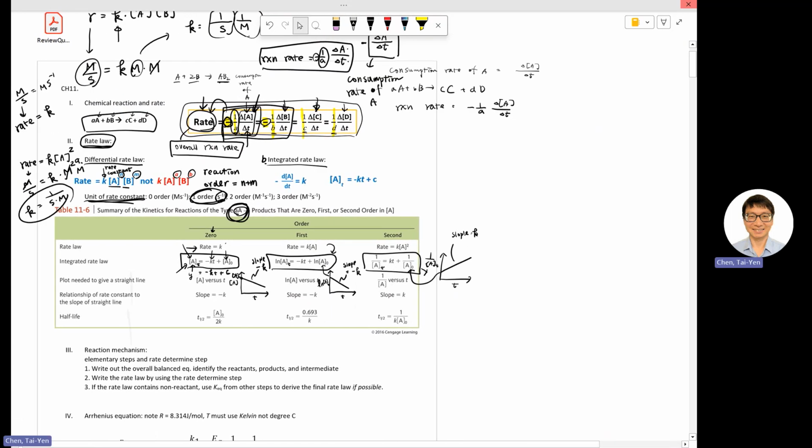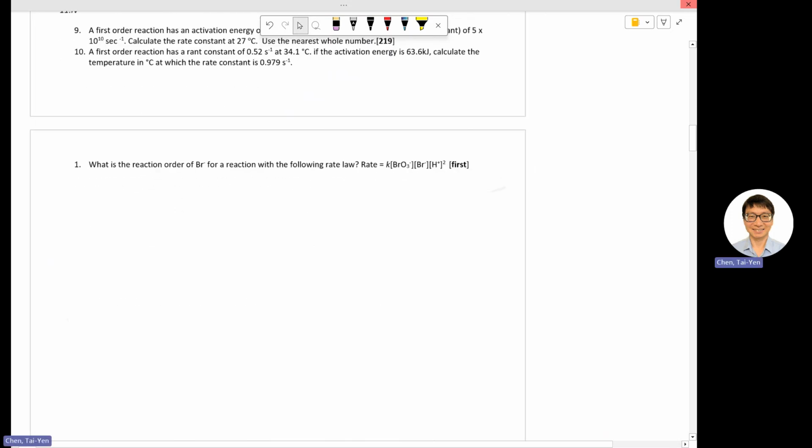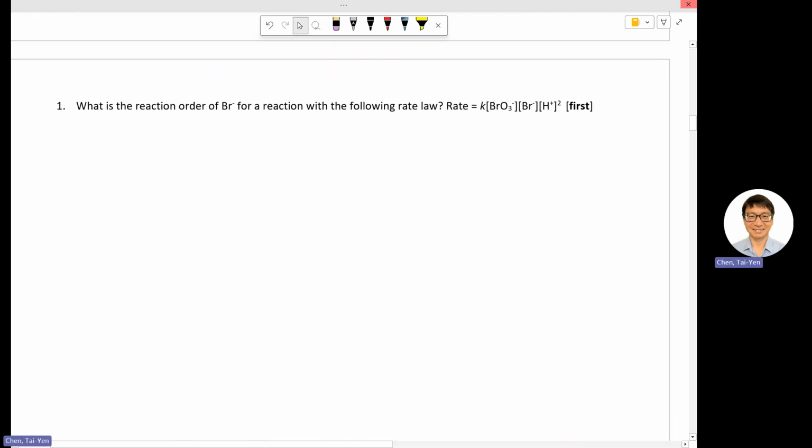Okay, so let's look at the first question. This one is actually the simplest one, right? What is the reaction order for Br minus for a reaction with the following rate law, where the rate is equal to rate constant K times BrO3 minus, Br minus, and H plus to the second power. So what is the key word?